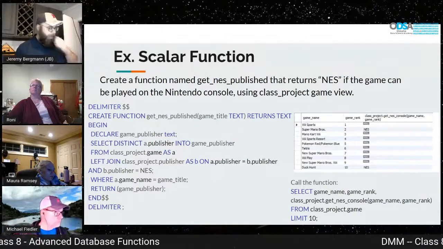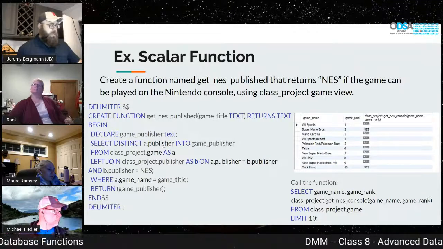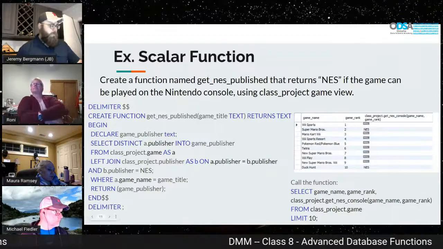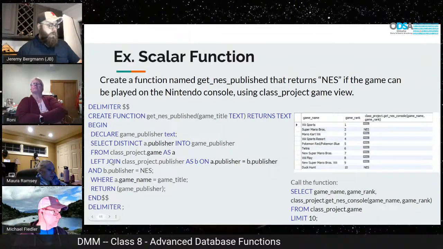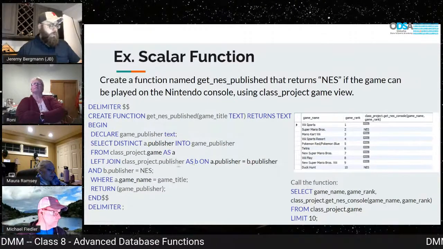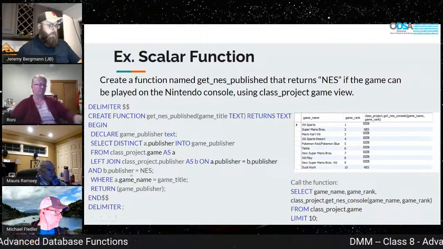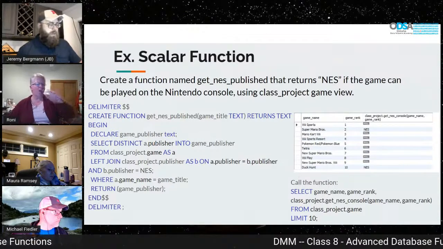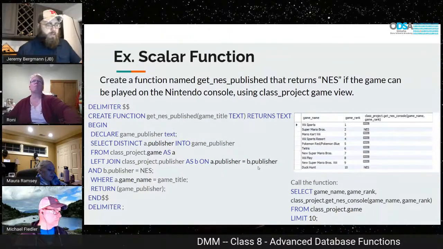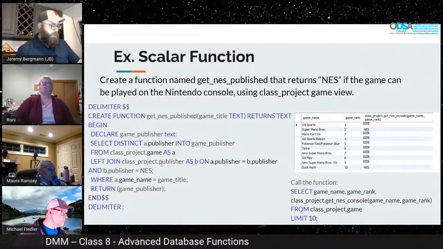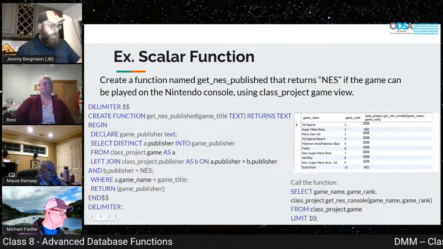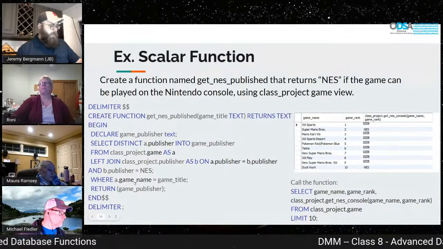So you select distinct publisher from class.project.game, and then I'm joining the publisher table on it. You'll have a different query in your PowerPoint examples, but it's pretty similar to this, where the publisher is NES.